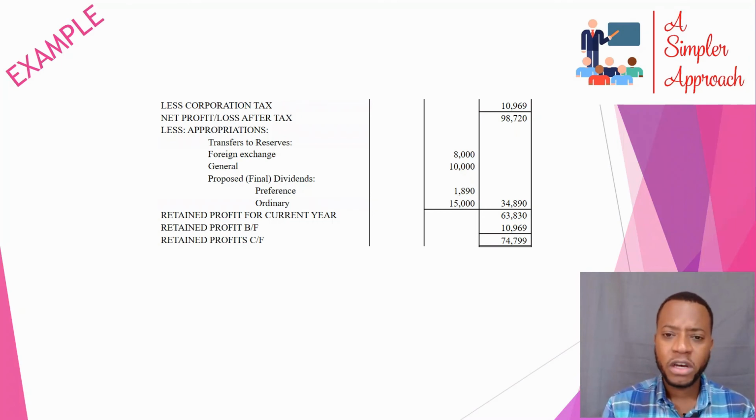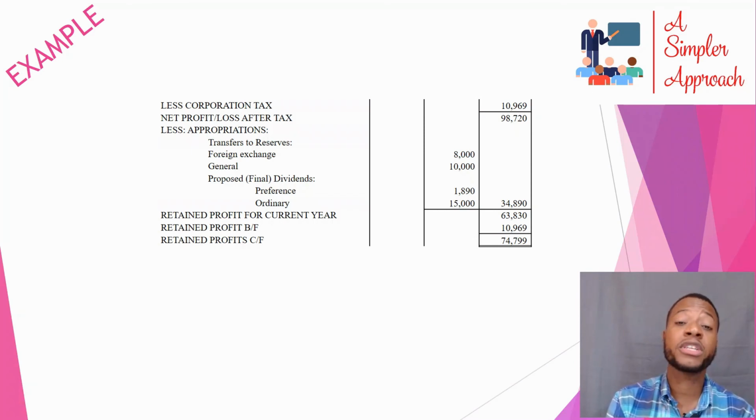So after you've done all that, you add the appropriations together. You get 34,890. Subtract that amount from the net profit after taxation, and you will get for this year retained profits of 63,830.